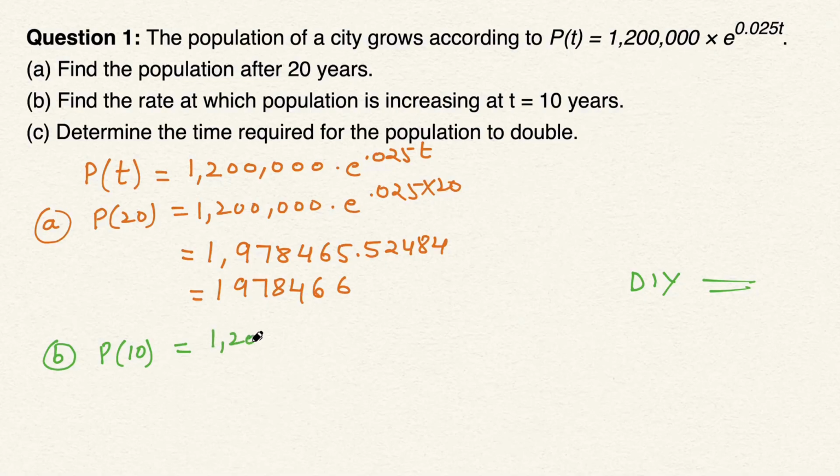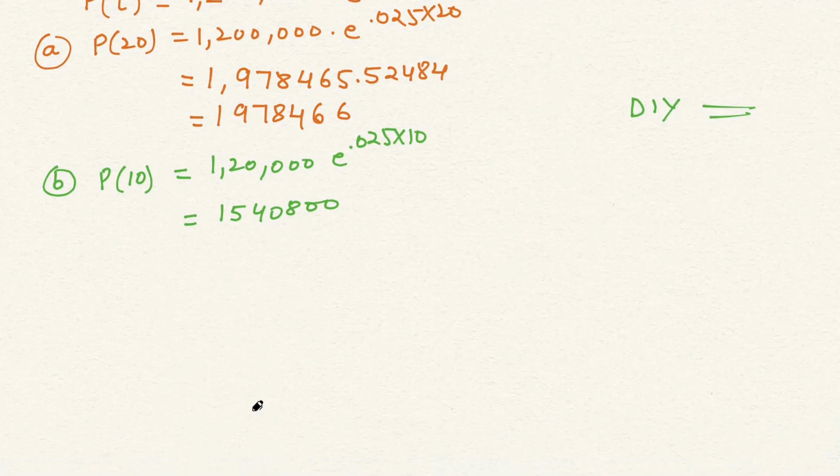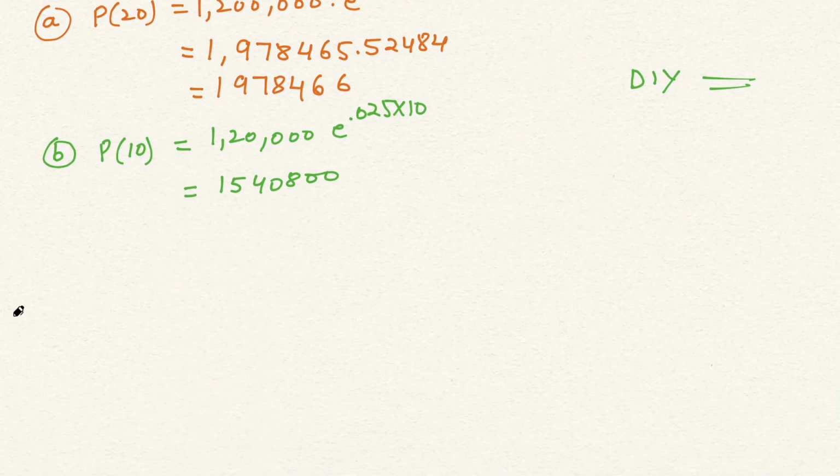So this will be 0.25. Give the direct input. Okay, this is the population after 10 years, but we have to find the growth rate.